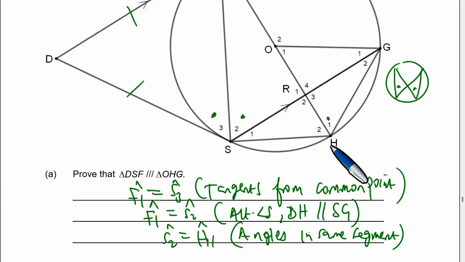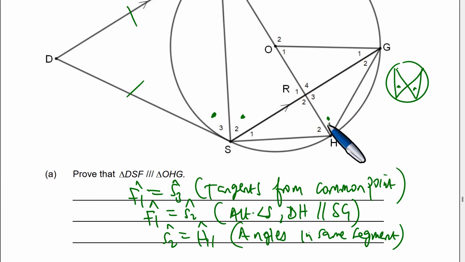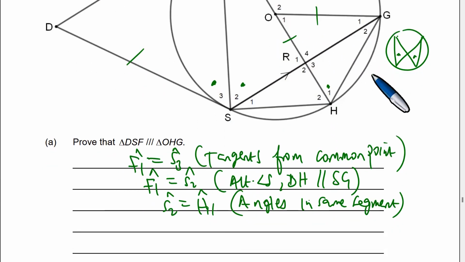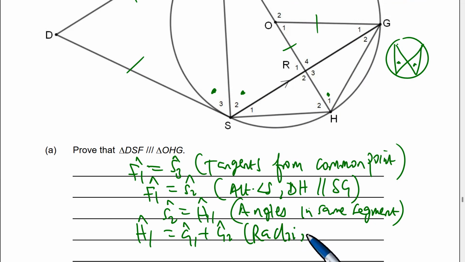Angle H1 is equal to G1 plus G2, because this is an isosceles triangle with equal radii.